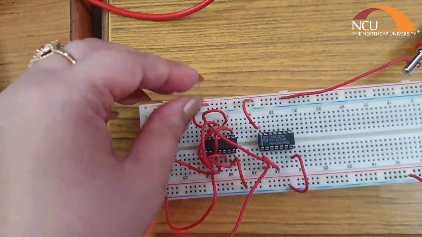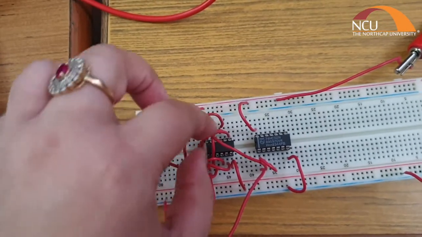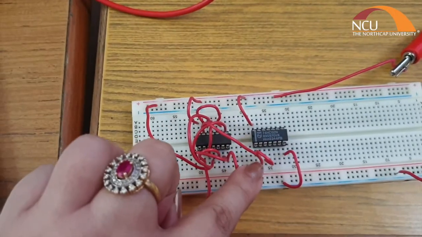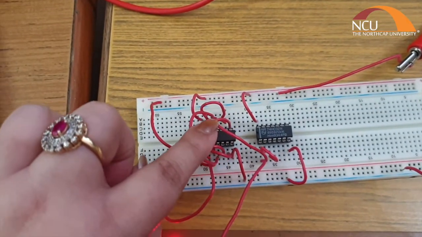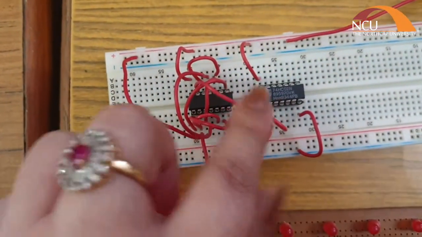Similarly, you can get the output, that is the 13 output. You can see this particular wire is connected to pin number 13. Pin number 13 is connected to 2 dash and 3 dash, so both the pins are shorted.